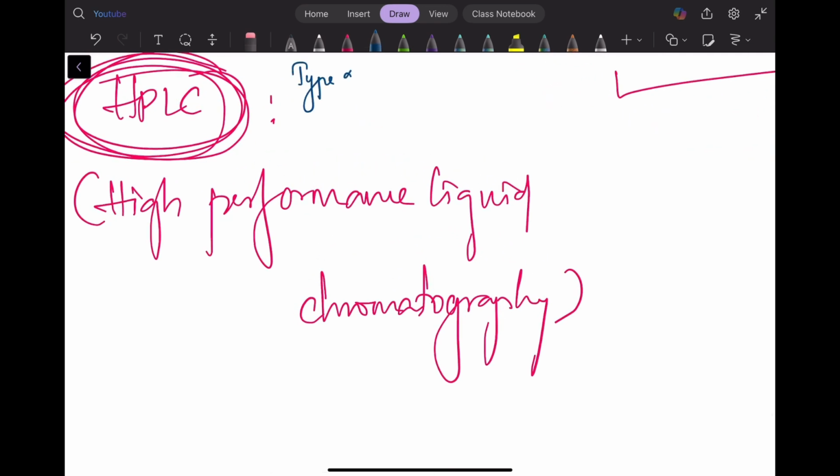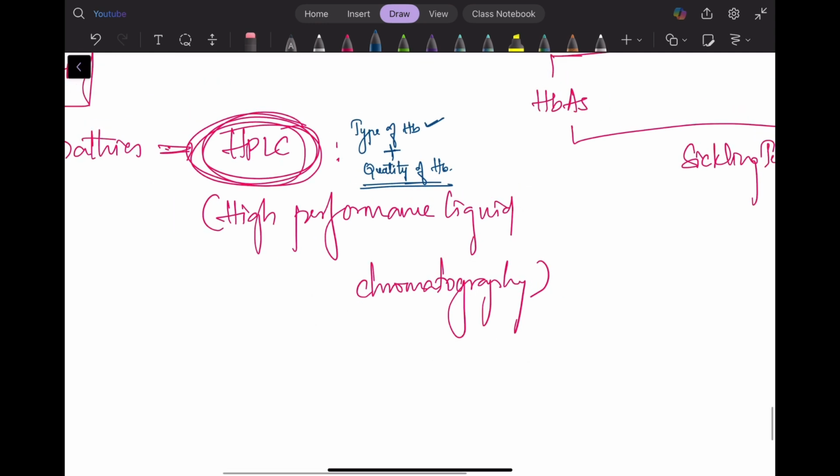We will find the type of hemoglobin, which a better test could also find. What else? We have to differentiate between quantity and quality, right? So we will find out the quantity of hemoglobin, right?